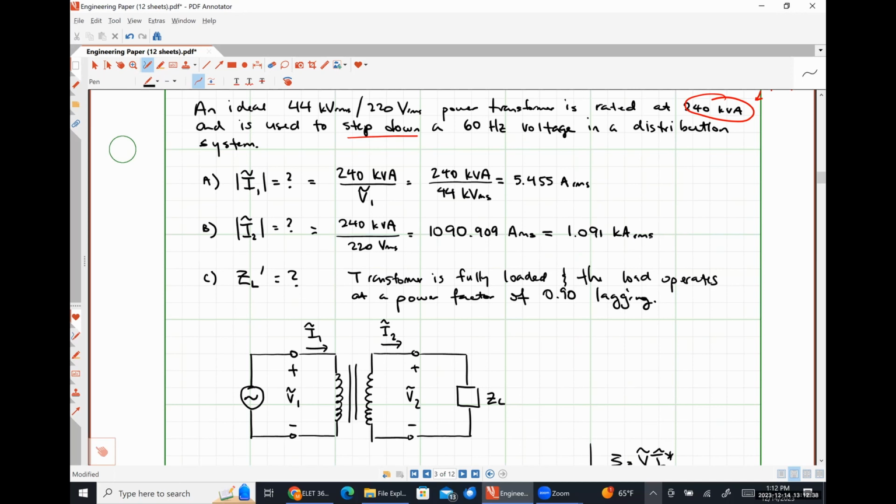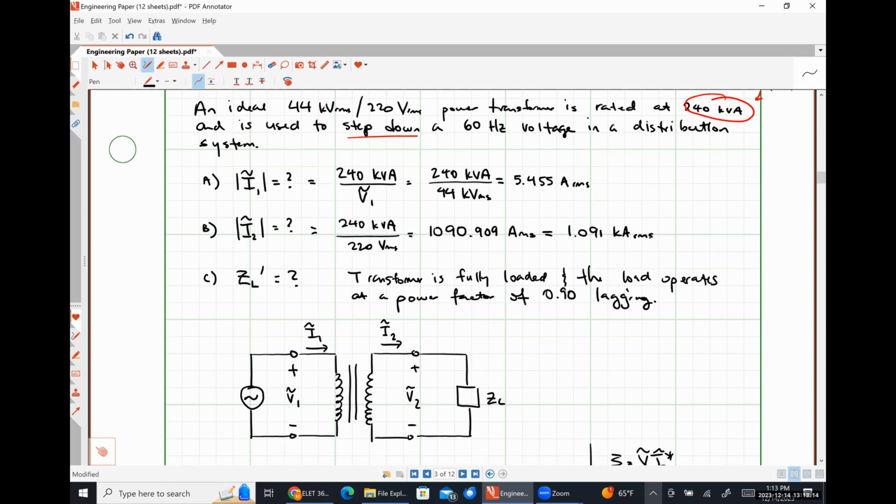So we're told some pretty important pieces of information here, okay? So the first piece of information that we're told is that our transformer is fully loaded. And so if our transformer is fully loaded, that means that it is delivering rated voltage and rated current at our primary and our secondary, right? So we know the magnitude of the voltage V2, and we know the magnitude of the current I2. So what we've got to figure out is effectively what our phase angle is.